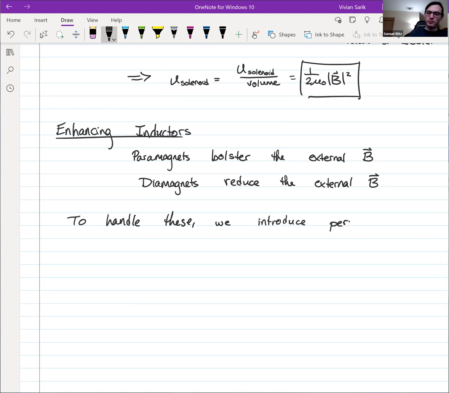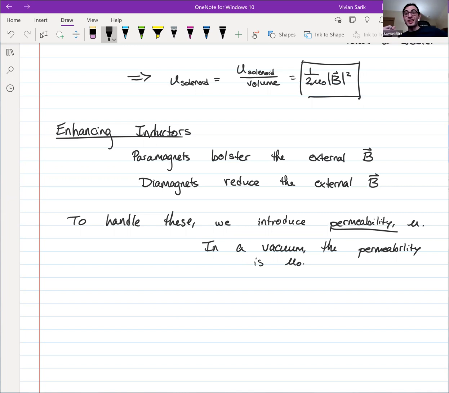And we give it a variable name, mu. And you might now be catching on to the story that I'm telling. In a vacuum, the permeability is mu naught, and hence the name permeability of free space, or the vacuum permeability.